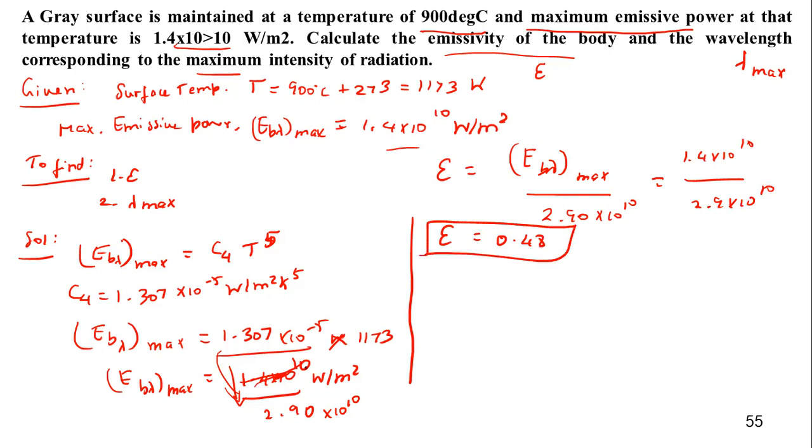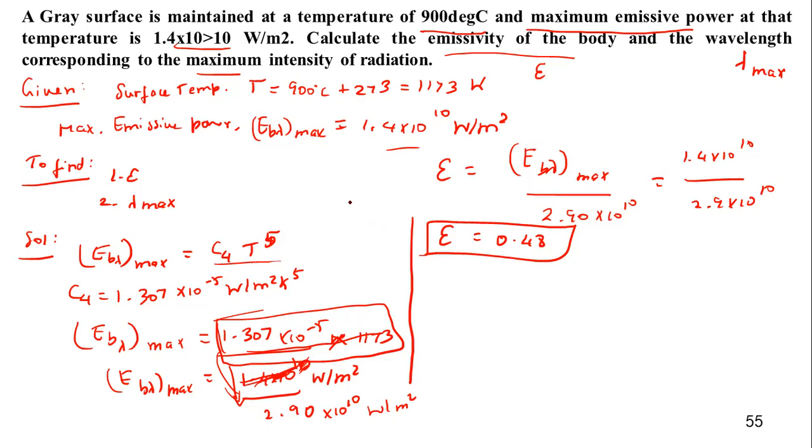So we relate the given maximum emissive power to the computed maximum emissive power, and the ratio gives the emissivity.